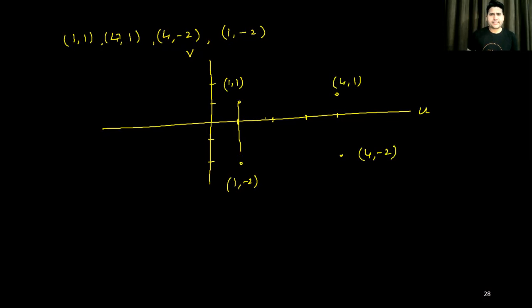Join these points, and I obtained this region. That is, this is R dash.